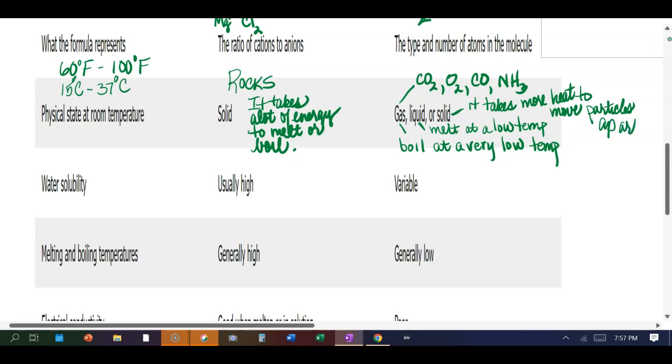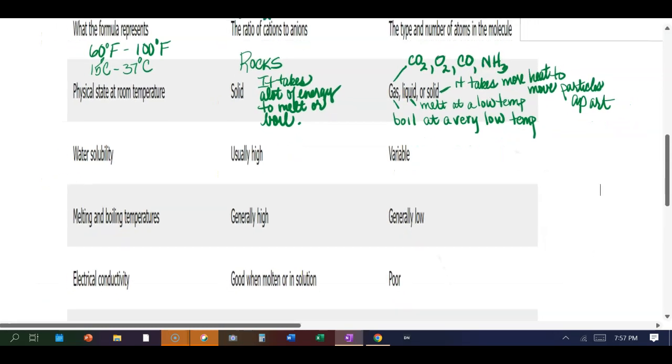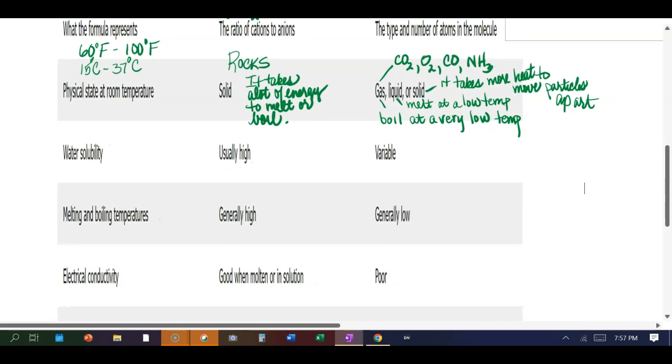All right, water solubility. Well, we know that ionic compounds are very soluble, except for the ones that aren't. And remember, we saw the solubility chart, and we saw that most of the compounds are soluble, and that phosphates, sulfides, etc., are not very soluble.